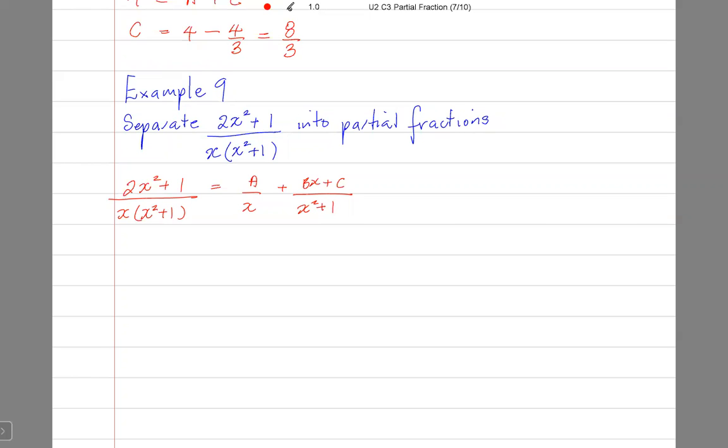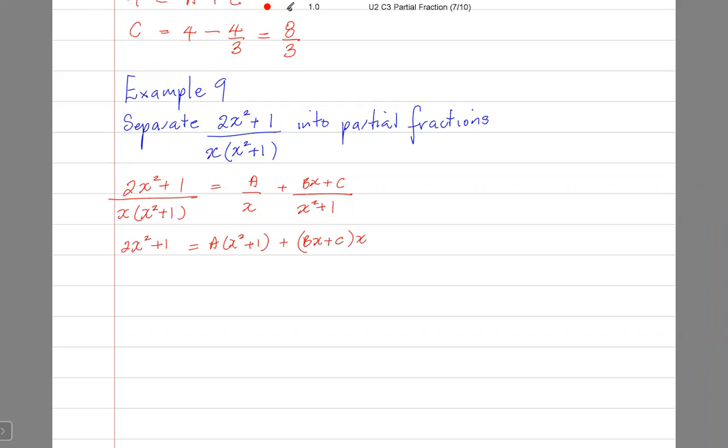I'm going to multiply the entire equation by the denominator on the left. When I do that, I'm going to get 2x squared plus 1 is equal to a into x squared plus 1 plus bx plus c multiplied by x. That's what I'm going to get.